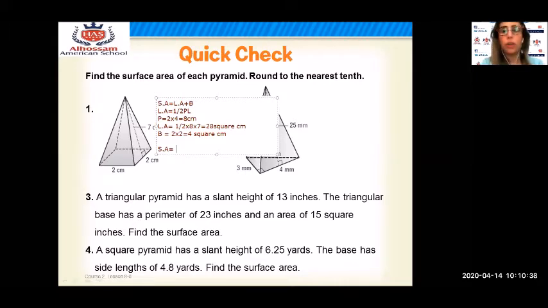This is the lateral area, which is 28, plus B, the area of the base, which is 4. So 28 plus 4 equals 32 square centimeters. Thank you so much, Ahmed.